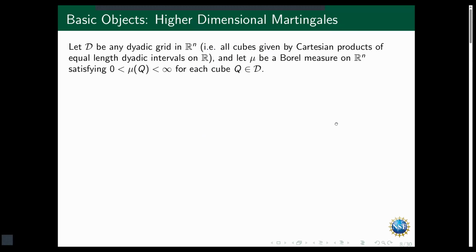Okay, so now I'm going to move to higher dimensions. So that was some one-dimensional motivation. But in R^n, we can also, of course, consider dyadic systems, and we can build them by taking Cartesian products of equal length dyadic intervals to generate dyadic cubes. And then we just take some Borel measure mu on R^n that's locally finite and non-zero on each dyadic cube.